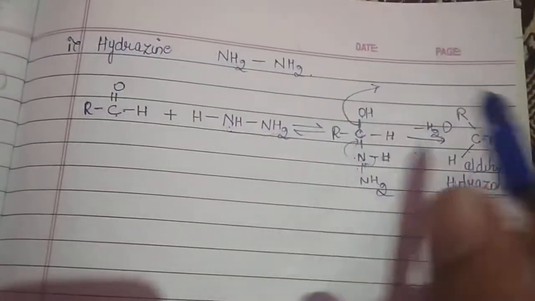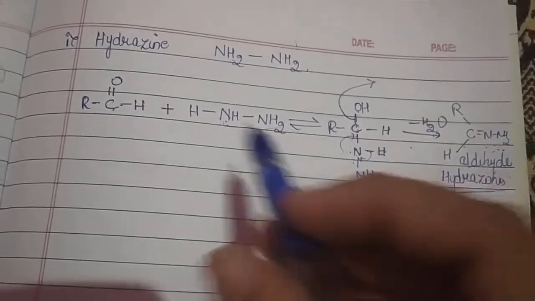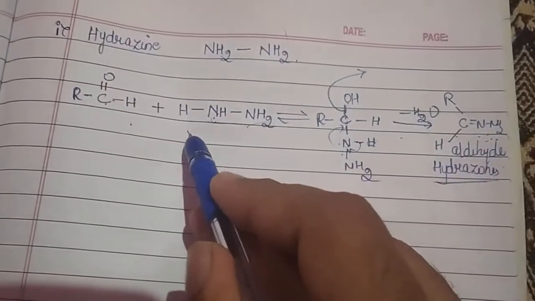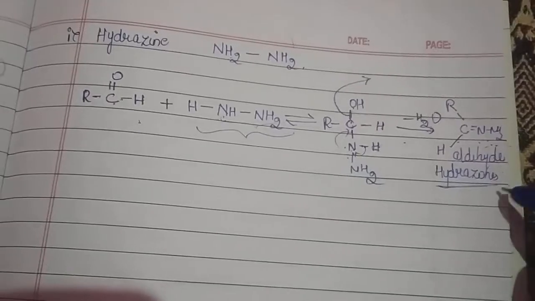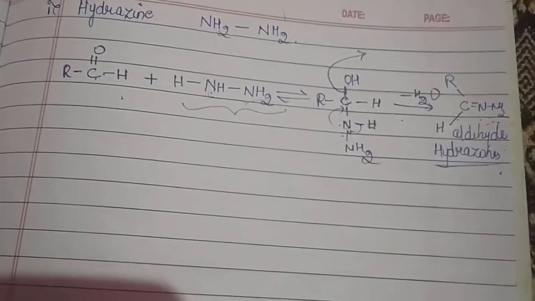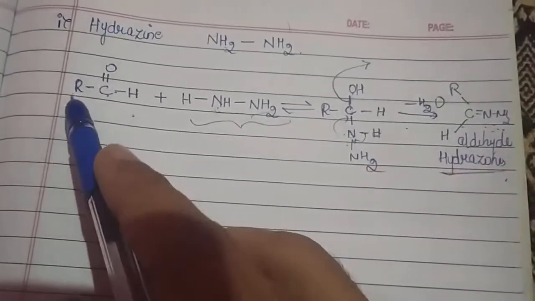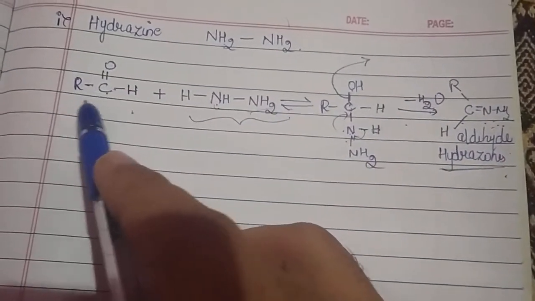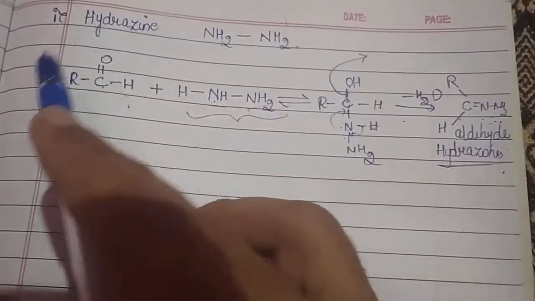Very much important. Generally they can ask you, how can you prepare hydrazones? Remember, whenever a carbonyl compound is treated with a hydrazine, you will be getting a hydrazone. When they are more particular about asking how you can prepare aldehyde hydrazones, then we have to be more particular. Whatever carbonyl compound you choose should be an aldehyde.